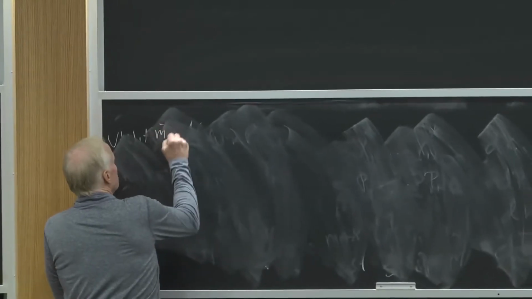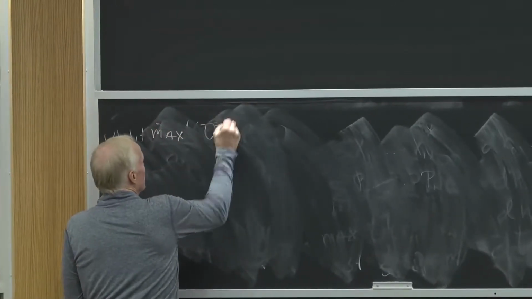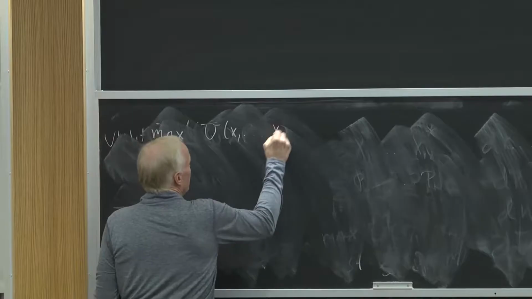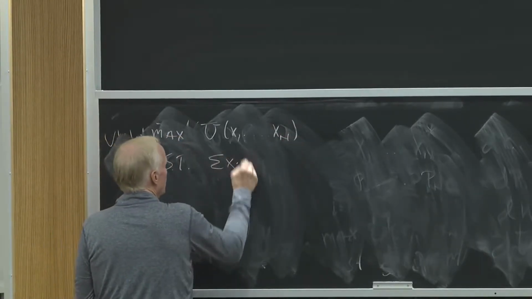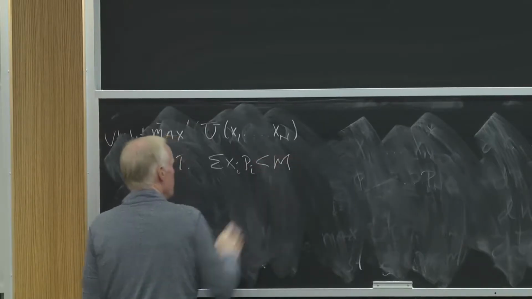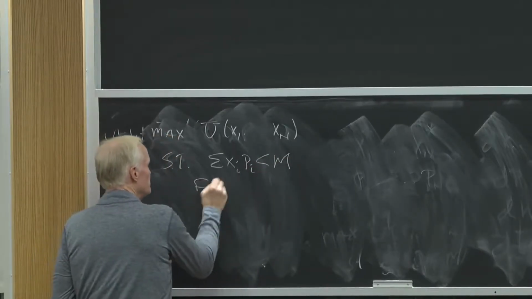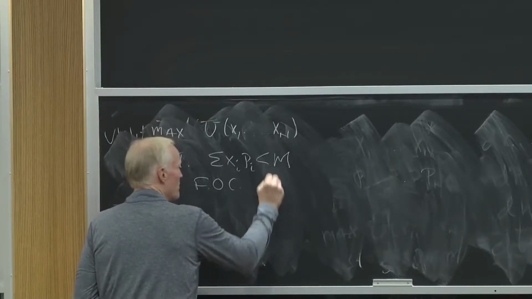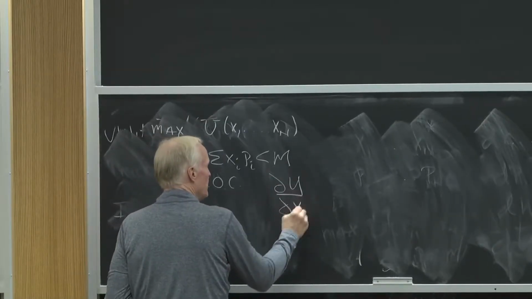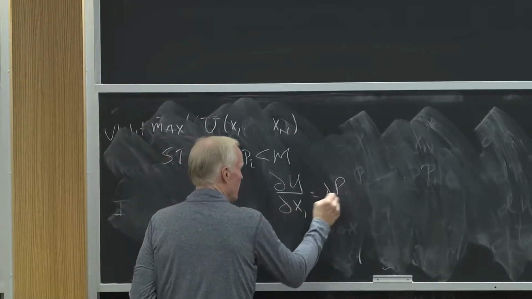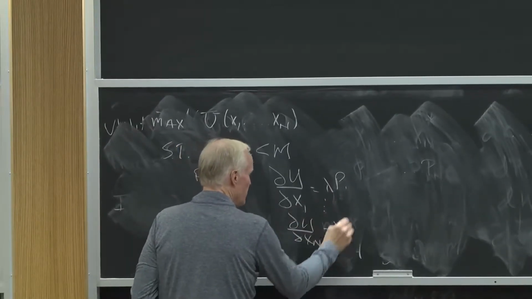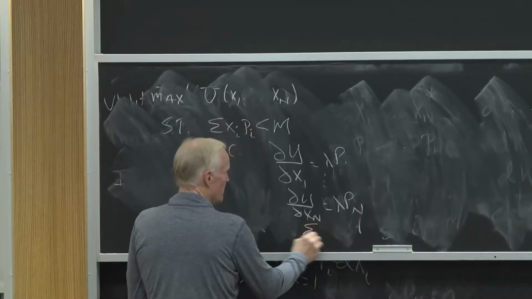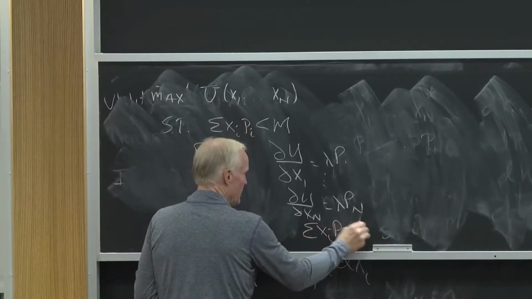So if I start with this primitive, maximize u of x1 up to xn, subject to the sum of the xi pi less than or equal to m, I get my first order conditions that I just put on the board. Partial u, partial x1 equals lambda p1, down to partial u, partial xn equals lambda pn, and the sum of the xi pi is m.